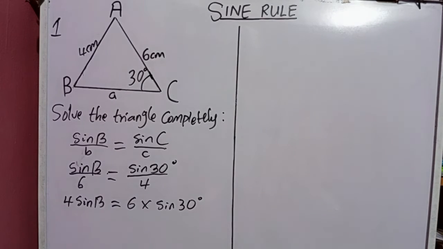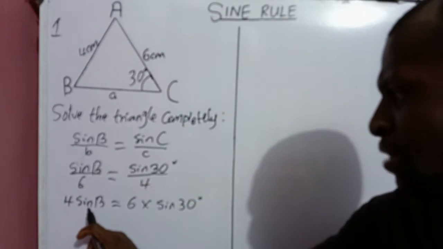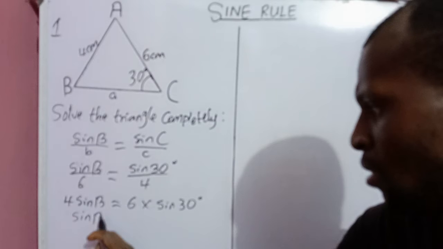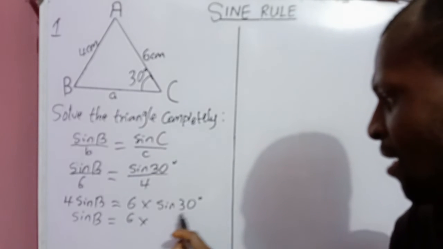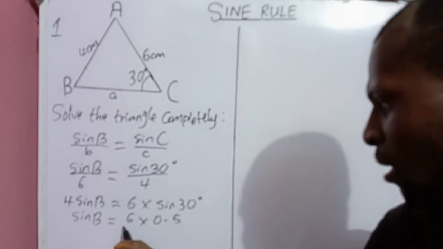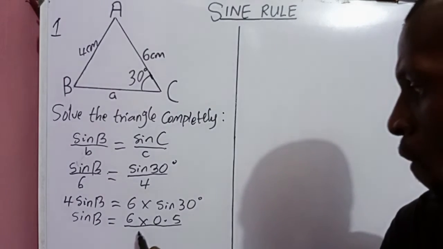All right, so what's the next step to take? Because our destination is to get B. To do that, we divide both sides by the coefficient of sine B. That becomes sine B is equal to 6 multiplied by sine 30, which is of course 0.5 if you punch your calculator, all over 4.